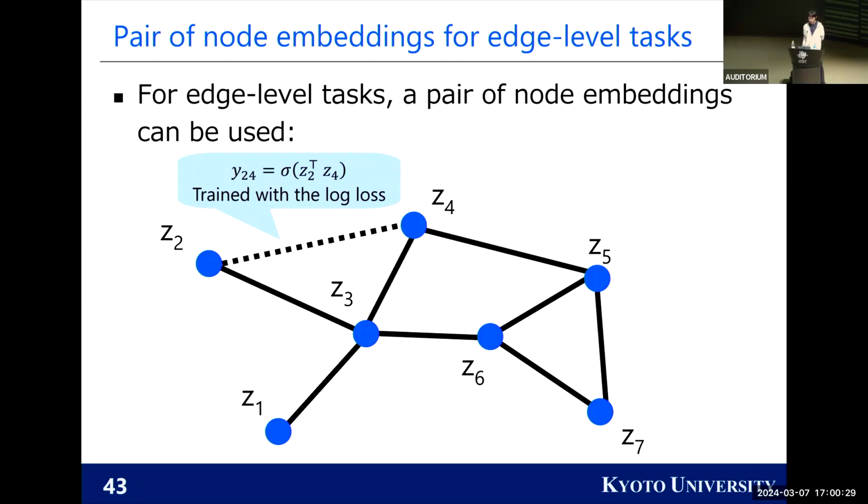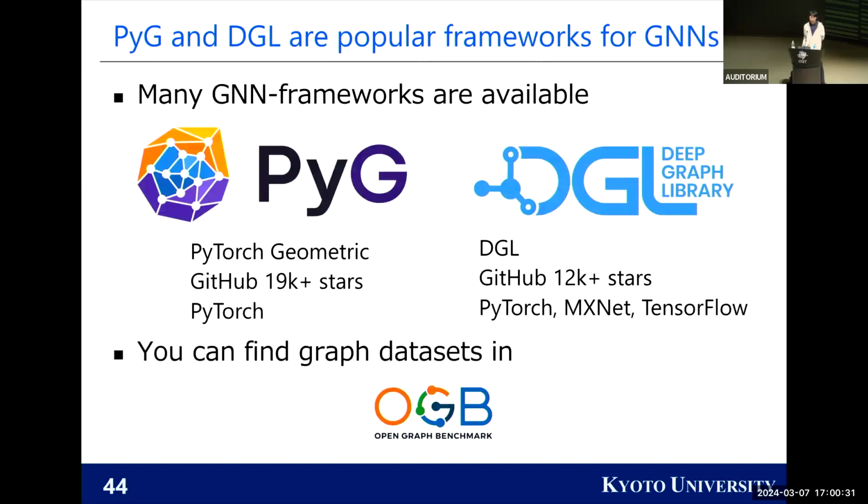Okay, so far we have covered the abstract procedure for how we can use GNNs, and in practice, many GNN frameworks are available. The popular choices are PyTorch Geometric and Deep Graph Library, DGL. Both are very popular, so please refer to the tutorials and the documents of these frameworks, and choose whichever you want.